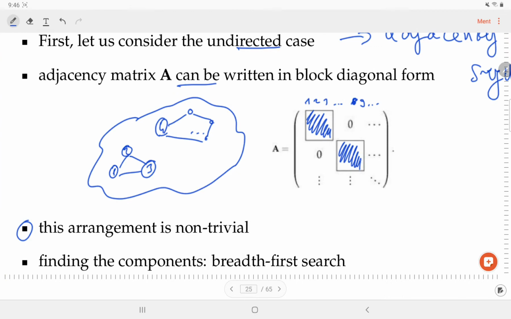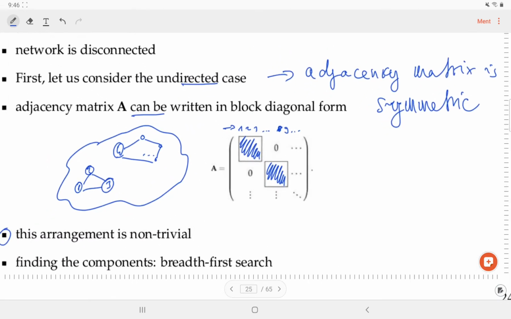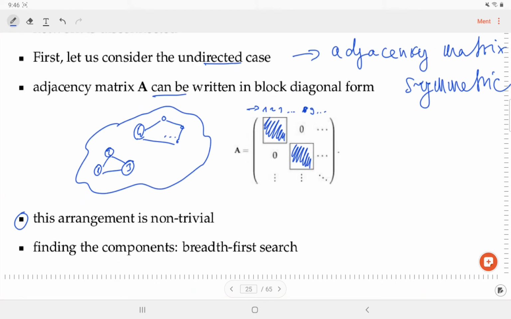Sorry about that, but I hope you understand that this block diagonal form depends only and exclusively on the order of how we label the nodes. And if we label it in an unfortunate way, then maybe this block diagonal form doesn't appear, although the graph itself is disconnected. Okay, so that's one thing.